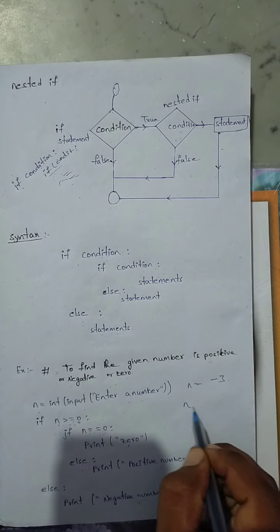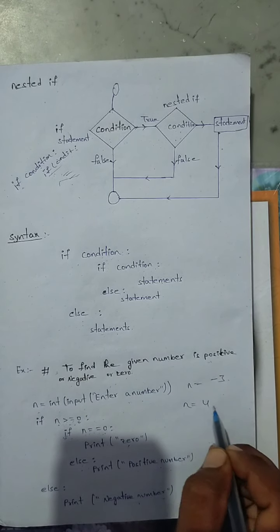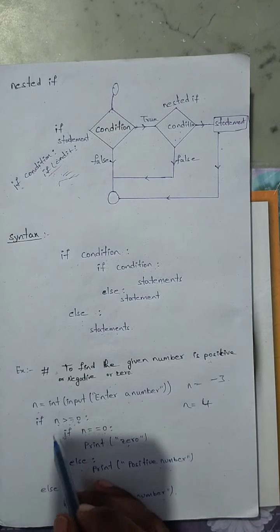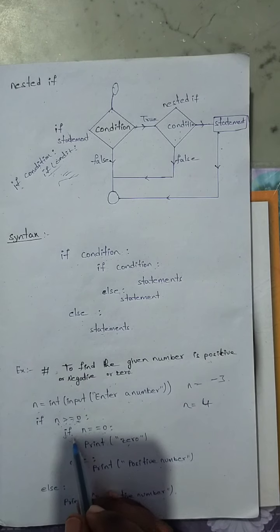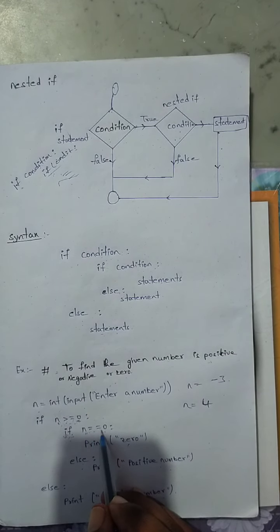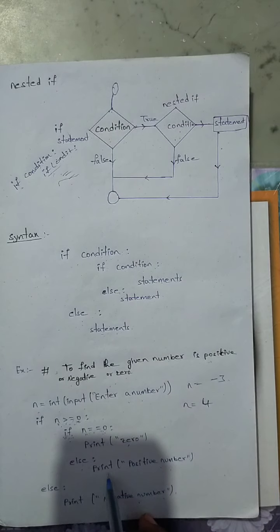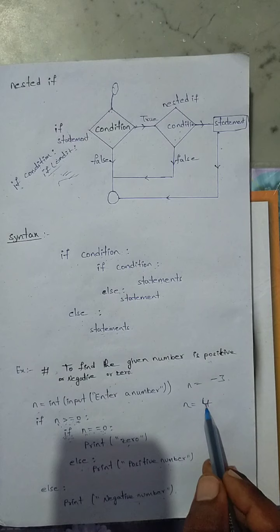If n is equal to 4, then is n greater than or equal to 0? Yes, true. Therefore it goes to the inner if: if 4 equal to 0, no, false. Therefore the else block will be executed, print positive number. 4 is a positive number.